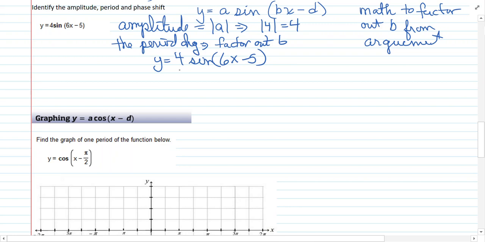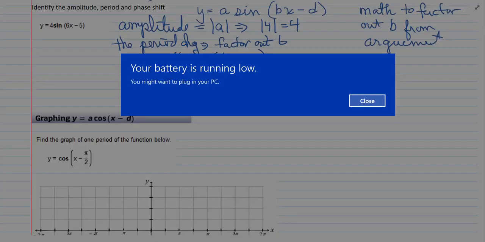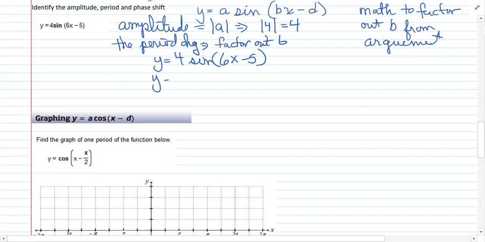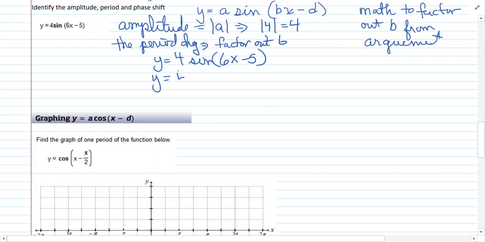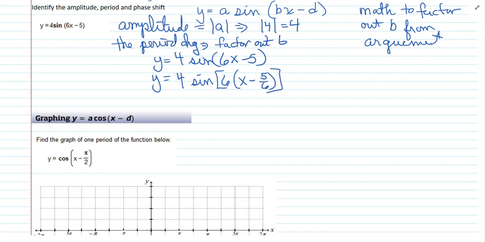Sorry about that. I thought I had it included. I'm going to factor out the 6. That gives me an x minus 5 over 6. All right. So now I have my b.